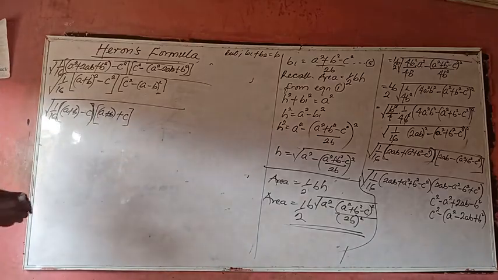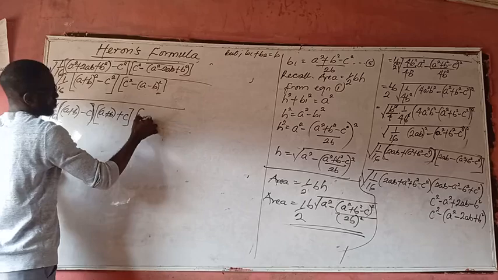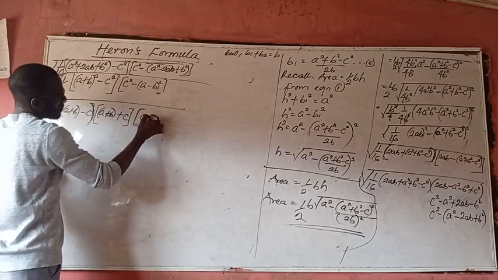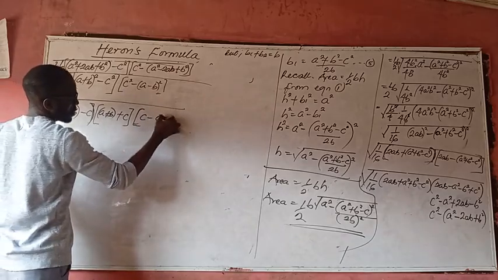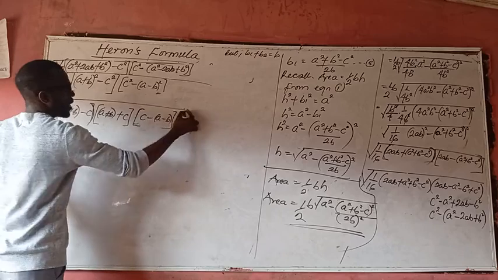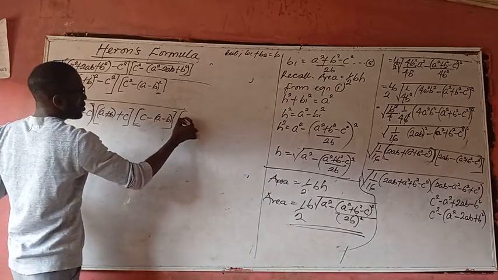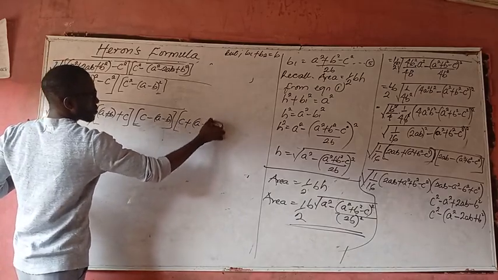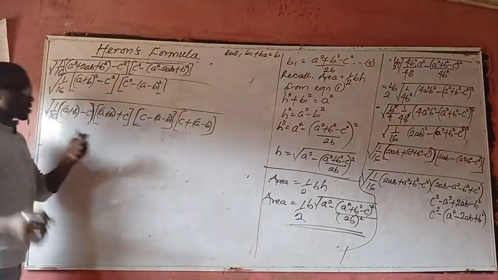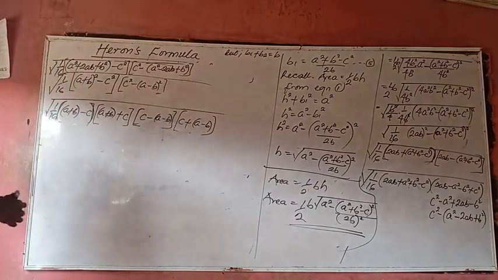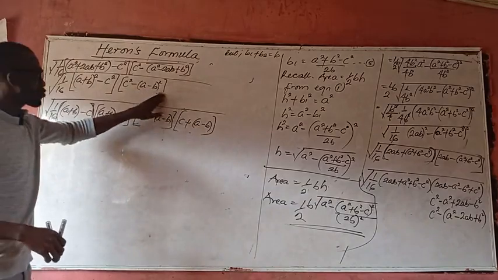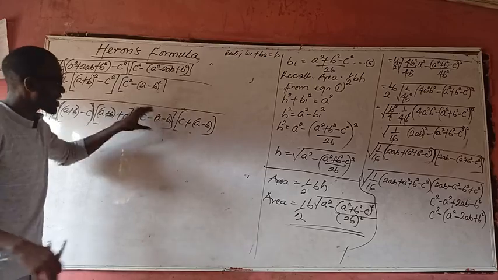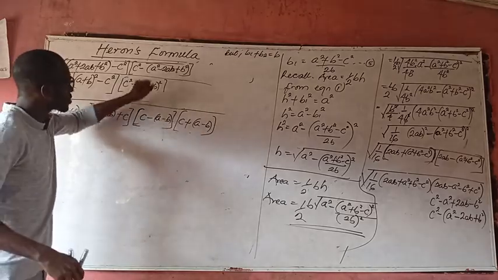Is it clear? Okay. Then this one, the first term c minus the second term (a minus b), and the first term plus the second term. Is this clear to you? All right. Difference of 2 squares. So I'll just take the first term minus the second term, and the first term plus the second term.